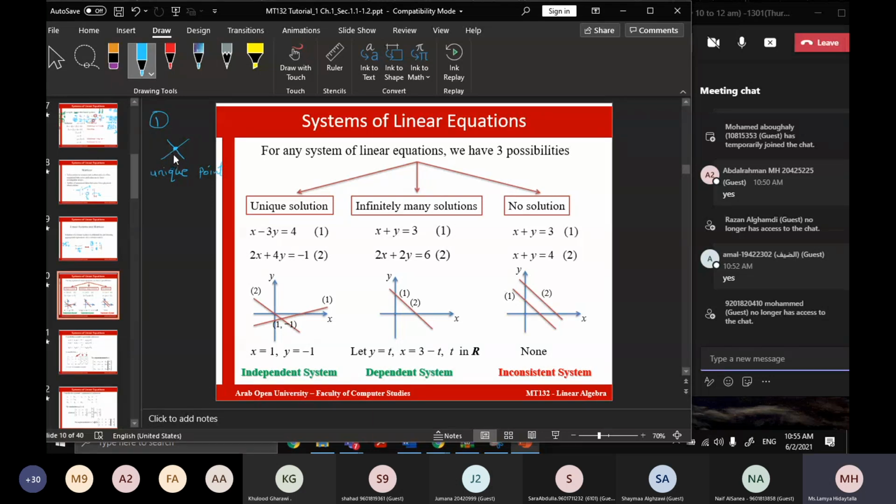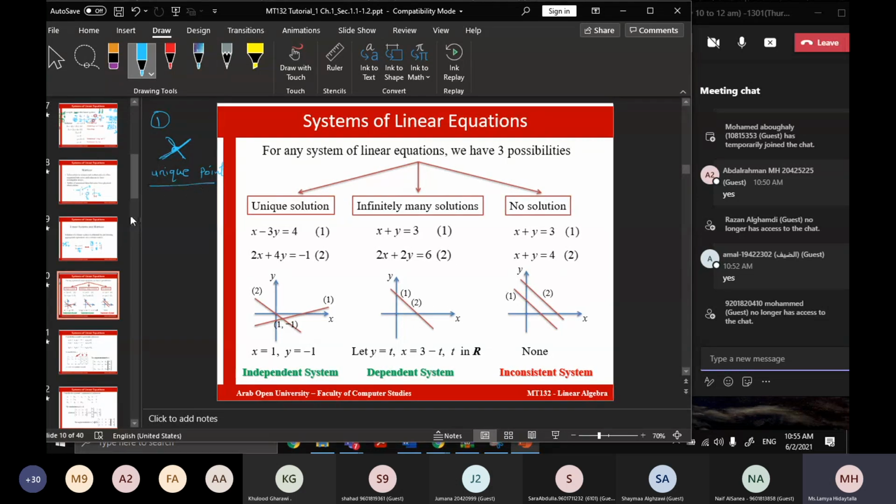The slope is different, so this is like that and this is like this. So in this case I can get only one solution, which is a unique solution.